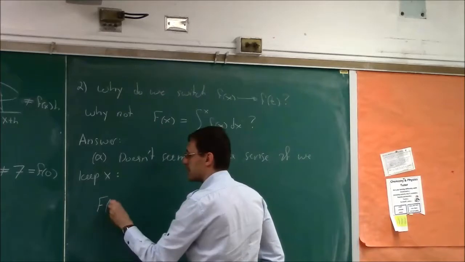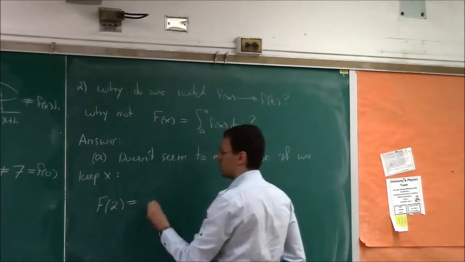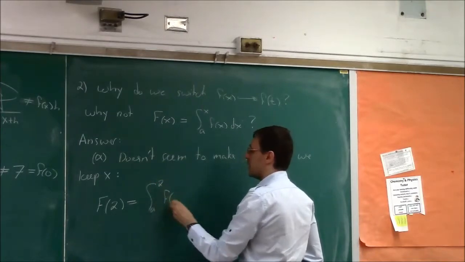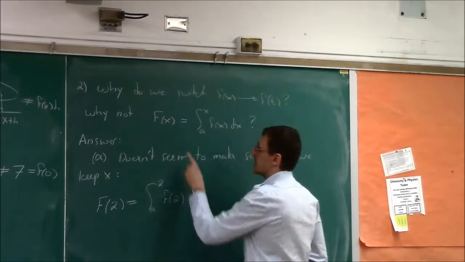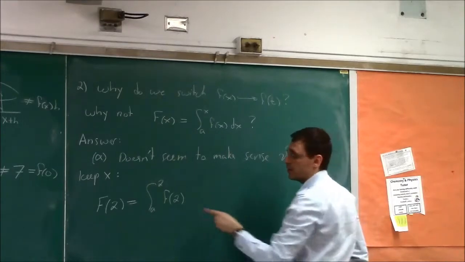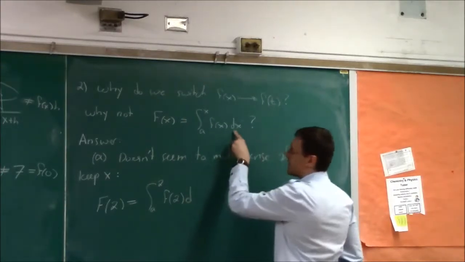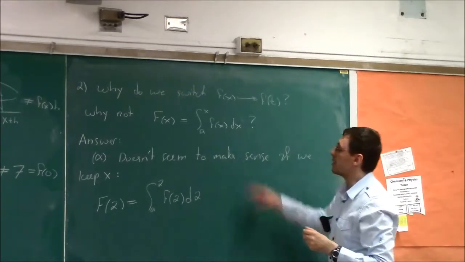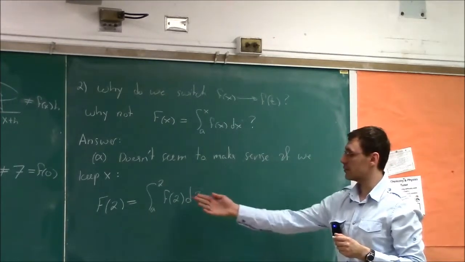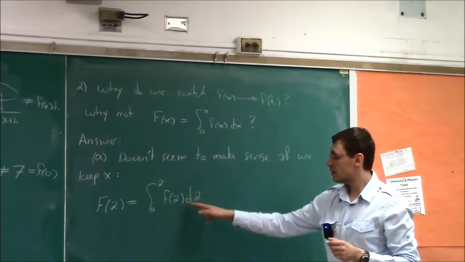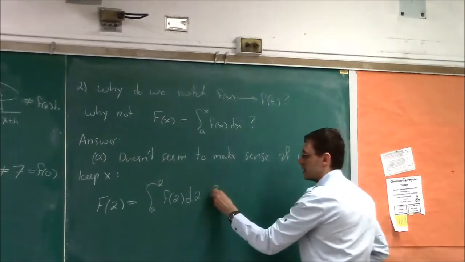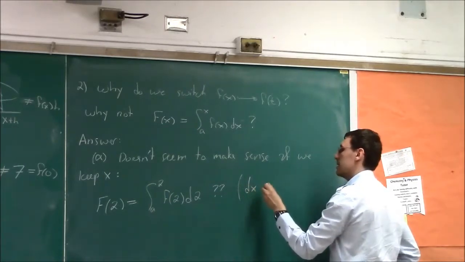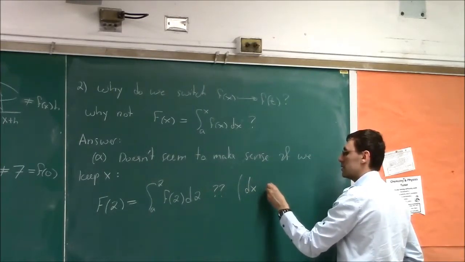So what is this function at 2? This function at 2 will then be the integral from a to 2 of f of 2, because everywhere I see x, I should replace it now by 2, right? Times, if dx is not a separate symbol, d of 2. If you treat dx as a separate symbol, this would be f of 2 times d of 2. So what is that? Here I'm assuming dx is treated as two symbols.